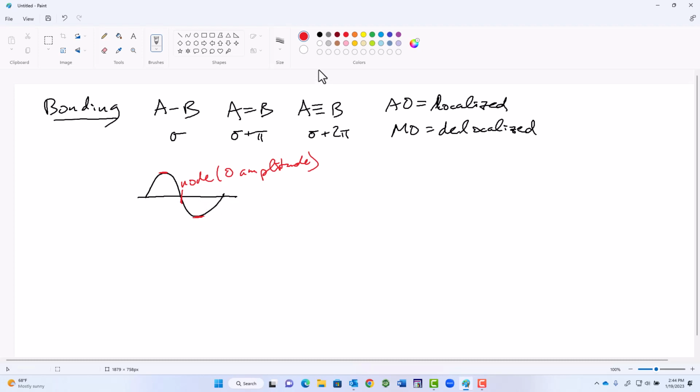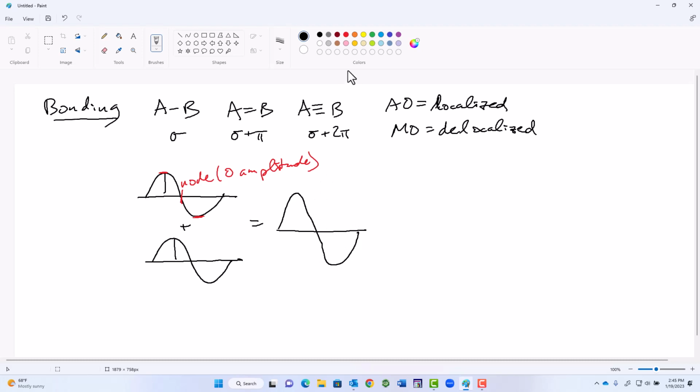If we were to add this wave to itself, so the peaks match up, the nodes match up, and the troughs match up, we'd have this amplitude plus this amplitude, which would be double. So we have a wave with double the amplitude. And then we'd also have a trough that has double the amplitude in the negative direction.